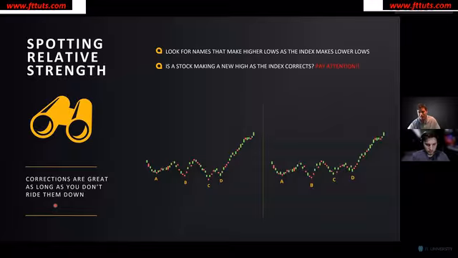So I think the key during corrections, rather than getting all bearish and shorting the heck out of the market, which you can do if you're good at that, is to really find these needles in the haystack. Don't ride the correction down, go hunting, look for that next big winner, because you're going to make a lot more money on the long side than on the short side. And oftentimes, getting all bearish is just going to cause you to miss out on some of the greatest opportunities over the next 6 to 12 months.